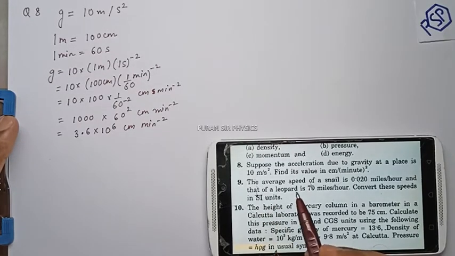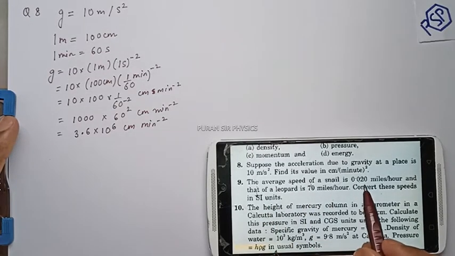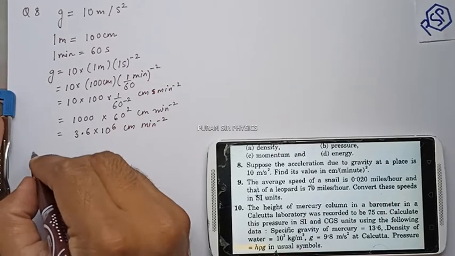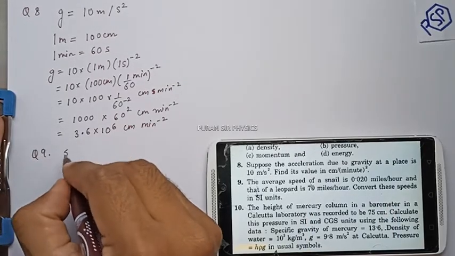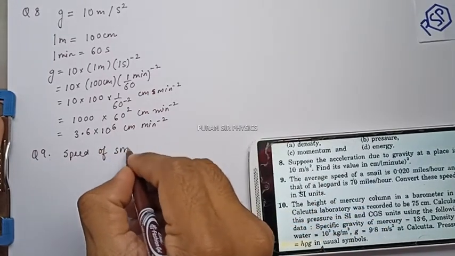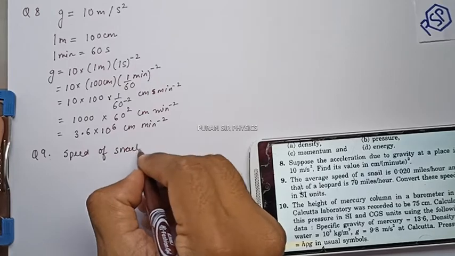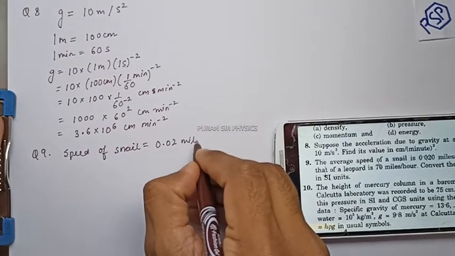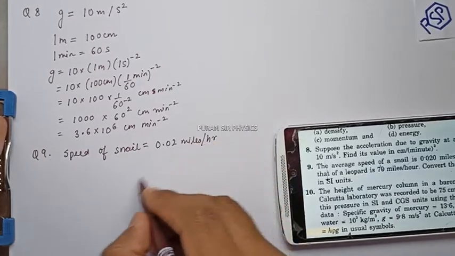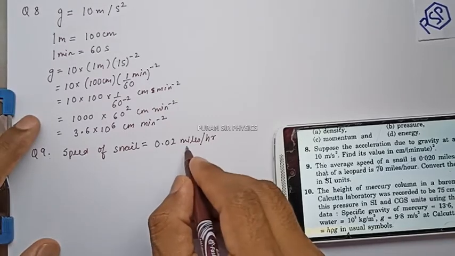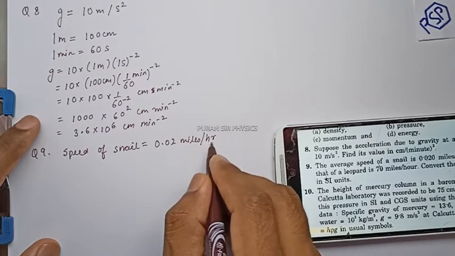In question number 9, the average speed of a snail is 0.02 miles per hour and that of the leopard is 70 miles per hour. Convert these speeds in SI units. So speed of snail is 0.02 miles per hour, and we have to convert this into SI units. So we have to convert miles into meters and hours into seconds.